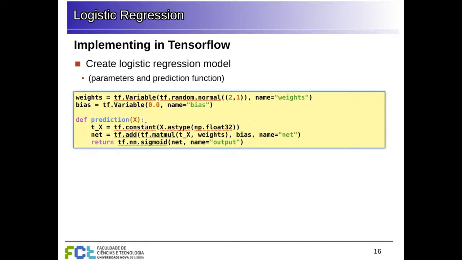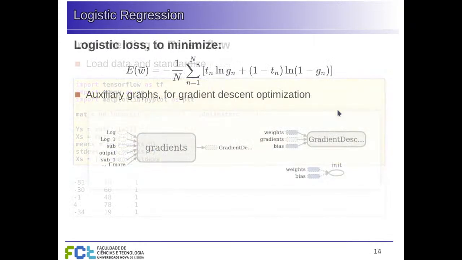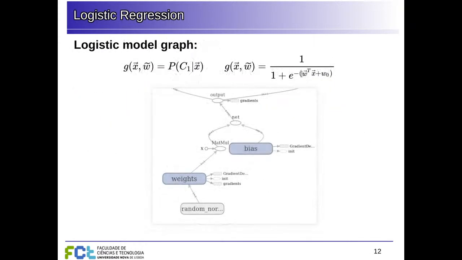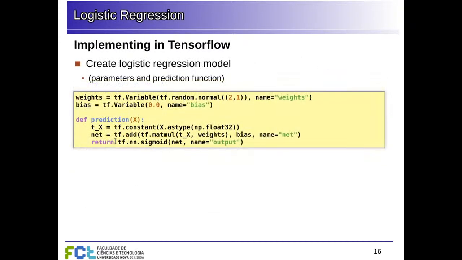Now we need to write a function for the prediction of the network. So this is what we have here: we receive an input and we output the probability of belonging to class 1. We receive an X value that can be a matrix of examples in a NumPy two-dimensional array, so we convert that to a tensor.